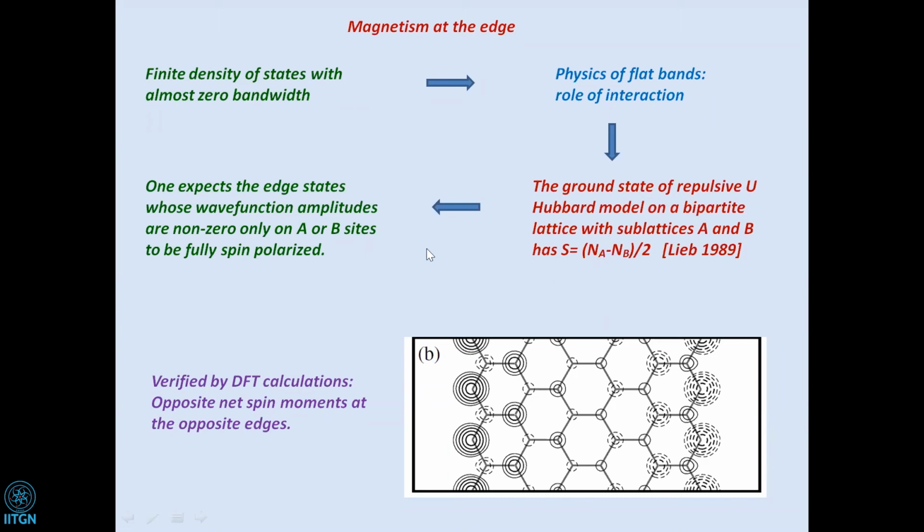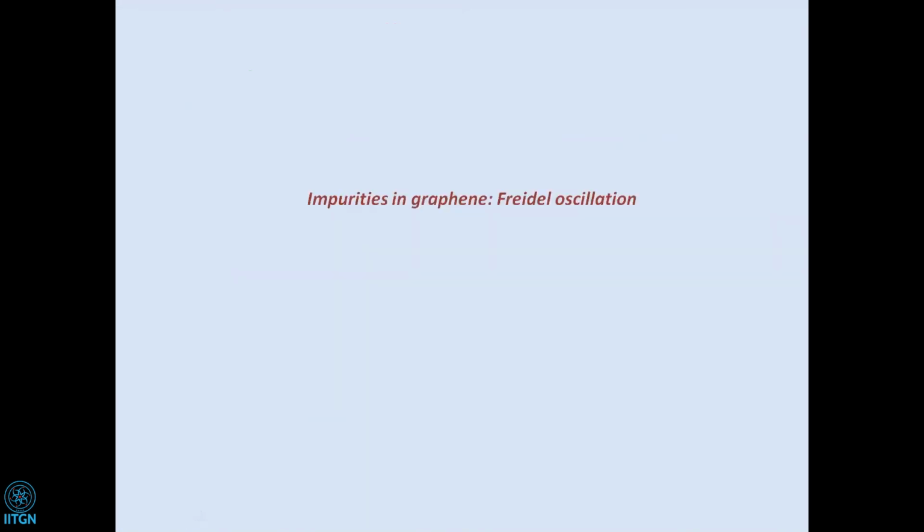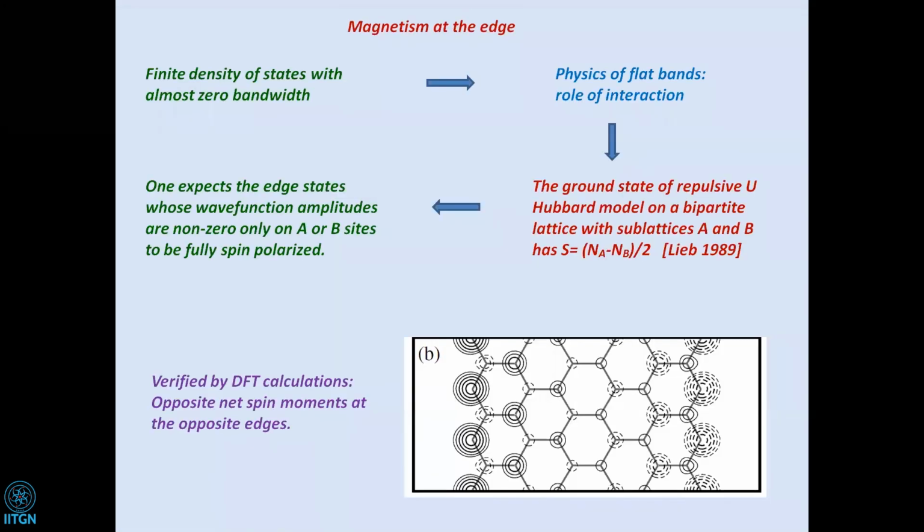And so here it is maximally magnetized, and that's the ferromagnetic state. And this indeed is verified by DFT calculation, and they showed that you have this net magnetization at the edge of the sample. Okay. So, any questions regarding this?